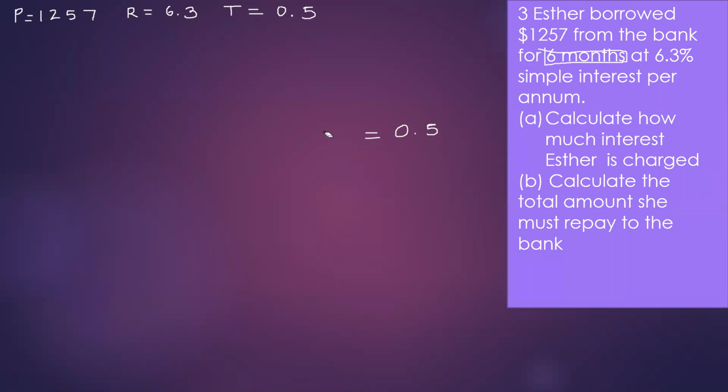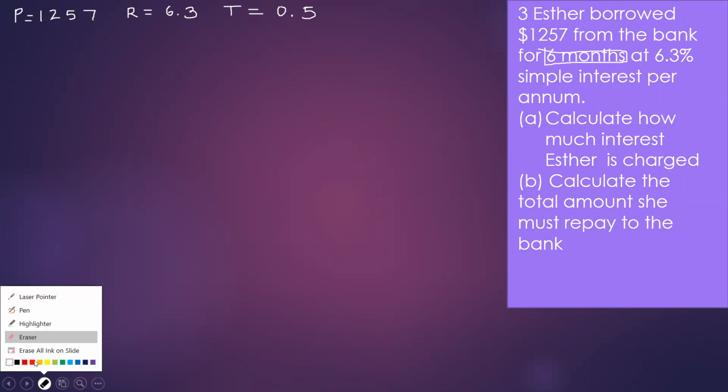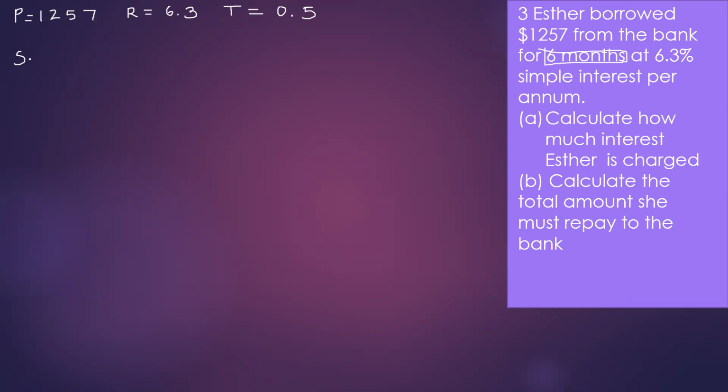And I got $3,959.55. So the simple interest is gonna be what? 1,257 multiplied by 6.3 multiplied by 0.5, all divided by 100.